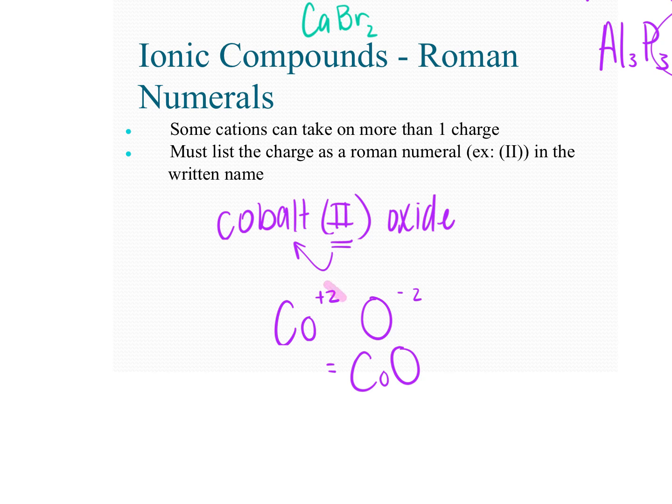Because we see these charges would cancel each other out. Okay, the Roman numeral has to be included in that written name. So if you ever have an element like cobalt that has a Roman numeral, we have to include it in its written name. It's really important. When it's there, then we know that's the charge of that particular cation.